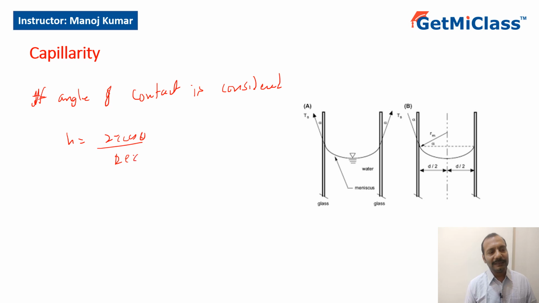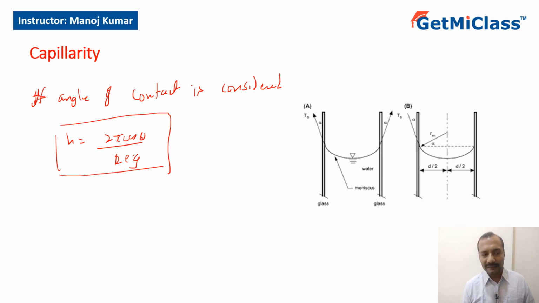This is the height in the capillary tube. So when a question is asked, make sure whether angle of contact is given or not. If it is not given, you can directly write 2T by R rho g. But if it is given, then you have to use 2T cos theta by R rho g.